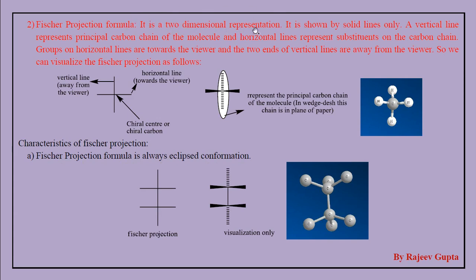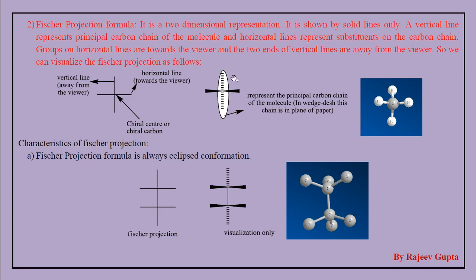This is a two-dimensional representation, as well as an eclipsed conformation. When we talk about eclipsed or staggered, we need at least two carbon atoms in an organic molecule, then we talk about eclipsed and staggered.